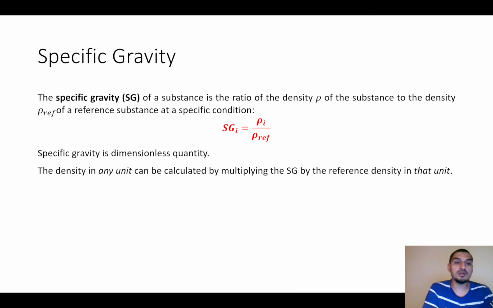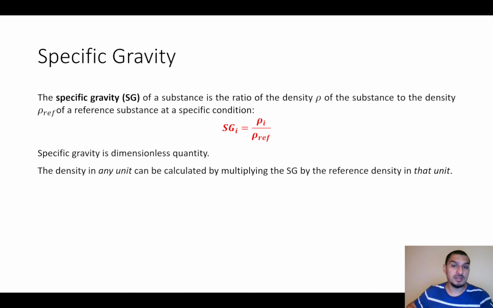So if you are using the SI units, the CGS units, the American unit system, whatever the unit system, the value of the specific gravity will not change.